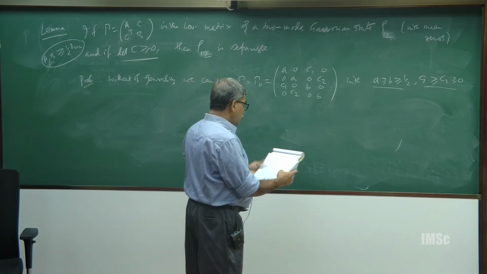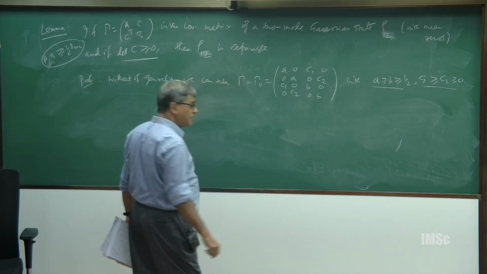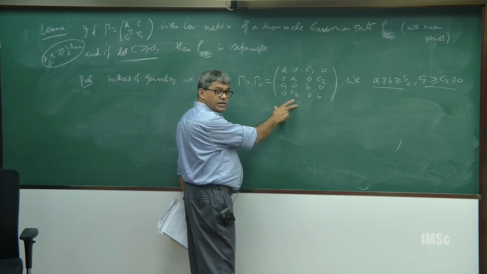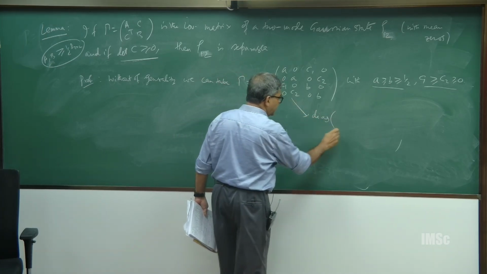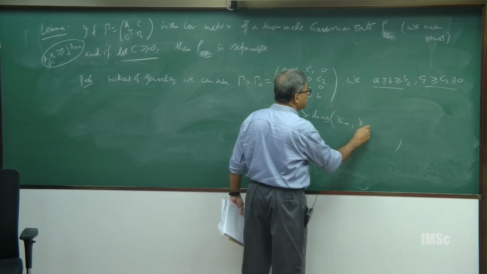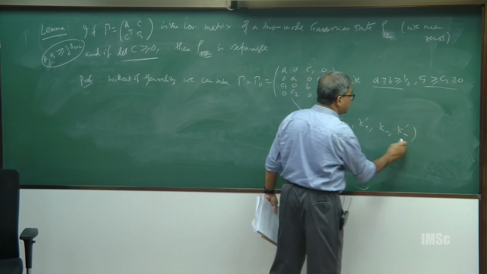Okay. So, what do we want? Basically, I want to bring this in a form which is diagonal, something like kappa plus prime, kappa minus prime.